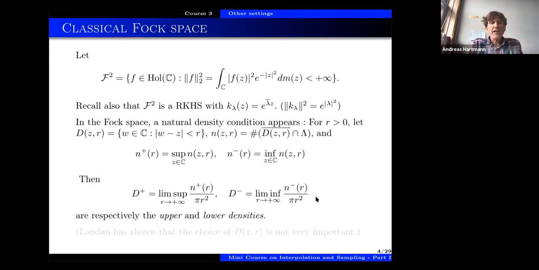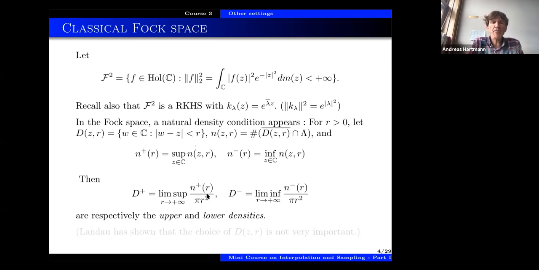And then we can define densities. Of course, if you increase the radius of the disk, then you need more points. This should be somehow comparable to r squared, because if you double the radius, then you quadruple the area. So that's exactly what we do.